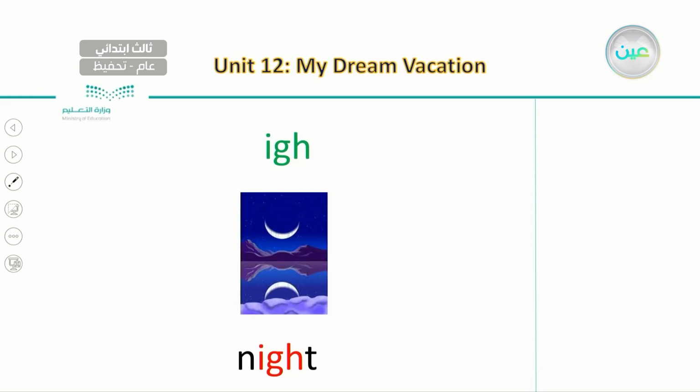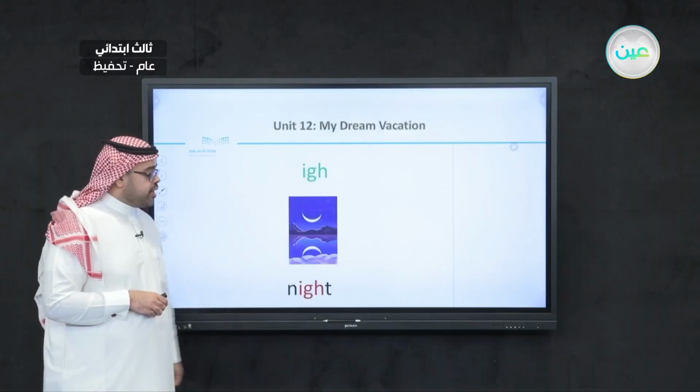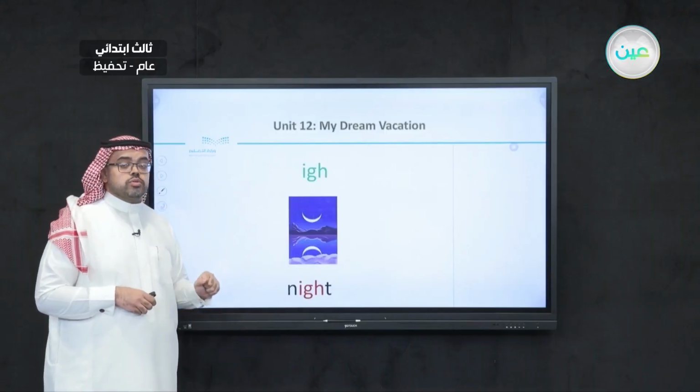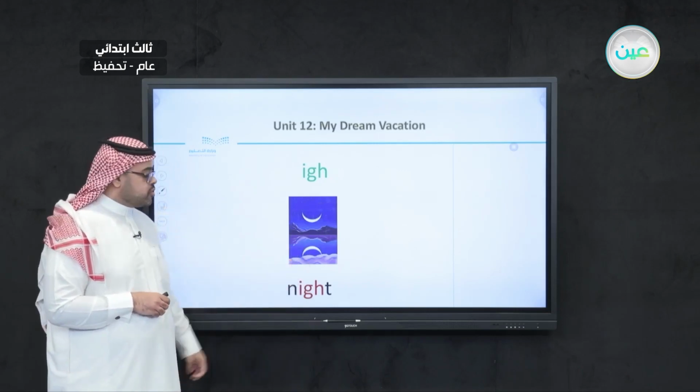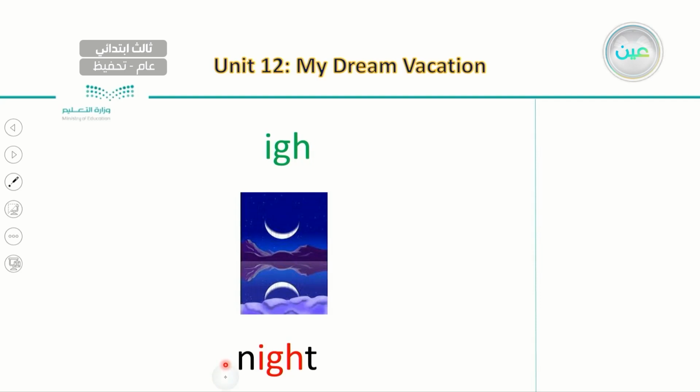Also we have another blend, which is I, G, and H. In this blend, there are two letters that we don't pronounce, which are G and H. For example, the word night. Say after me, night. Here we kept G and H silent, and we pronounce the other letters.